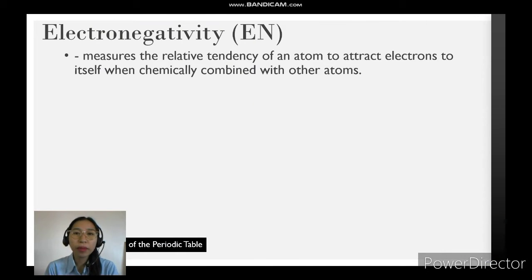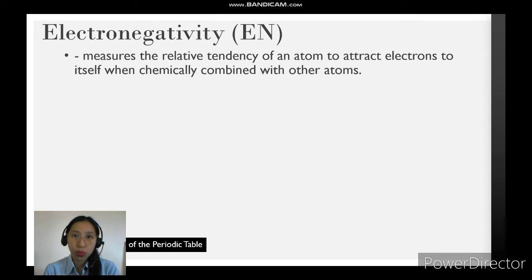Now, the polarity of molecules is greatly influenced by electronegativity. Electronegativity, or EN, measures the relative tendency of an atom to attract electrons to itself when chemically combined with other atoms.